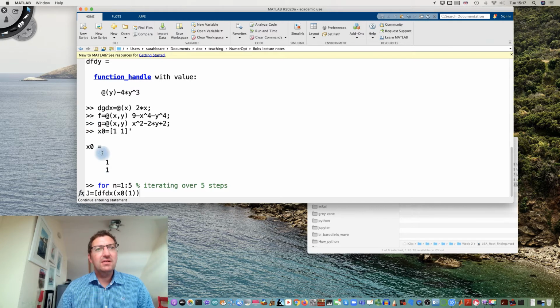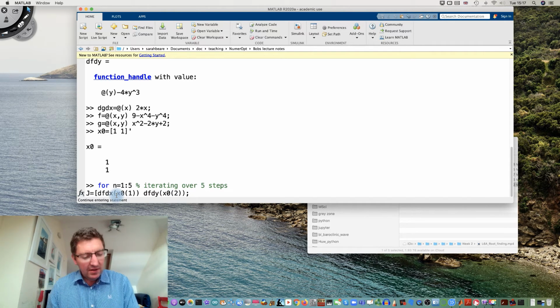Okay, there's a slight double use of x and y, I guess. Here, x0 is our vector, and x0(1) is the x element of that, so it's just a function of x. And equally, df by dy is a function of y only, so that's the second element of our vector.